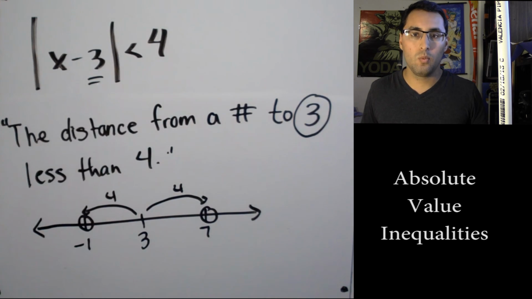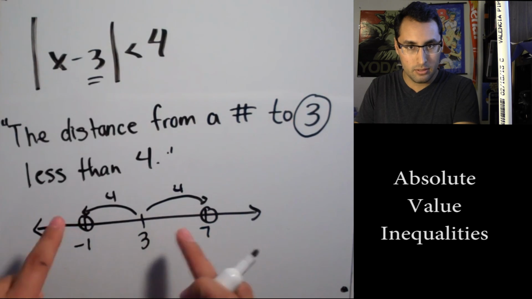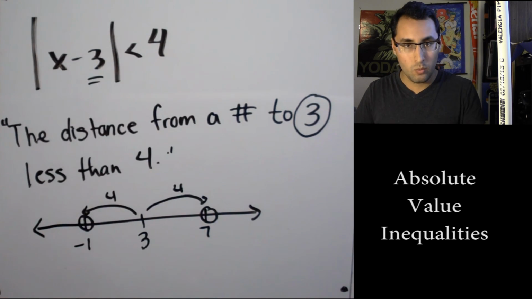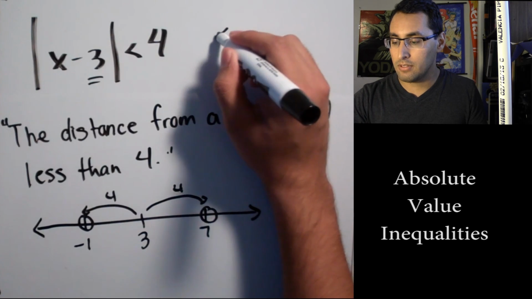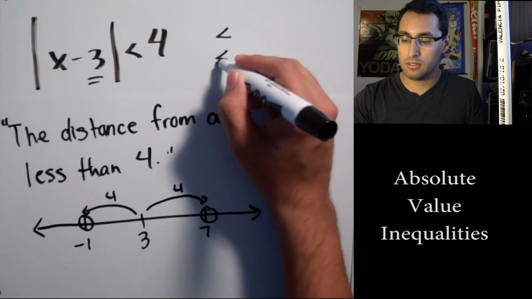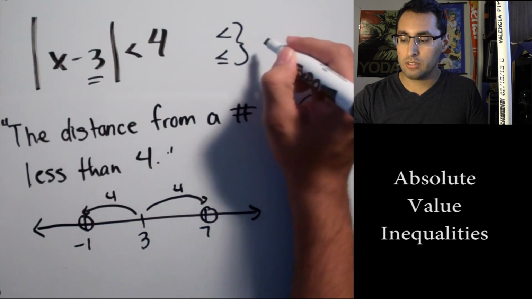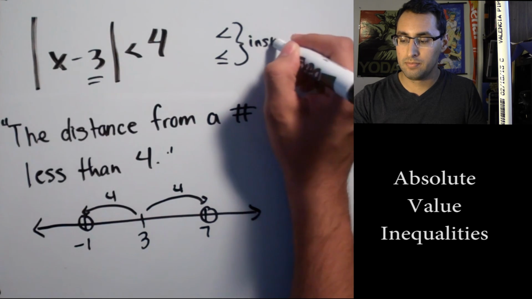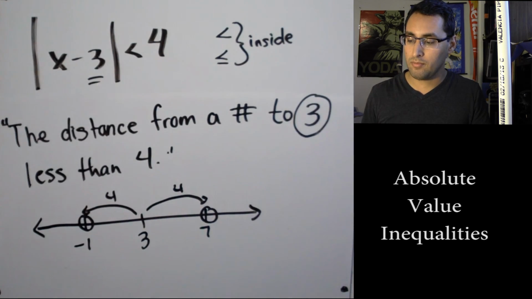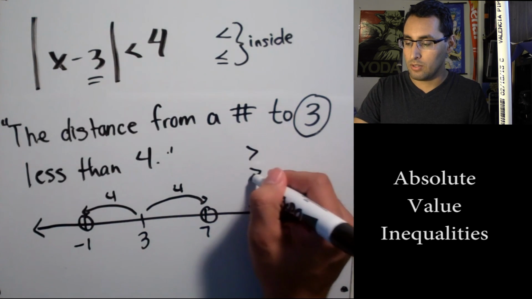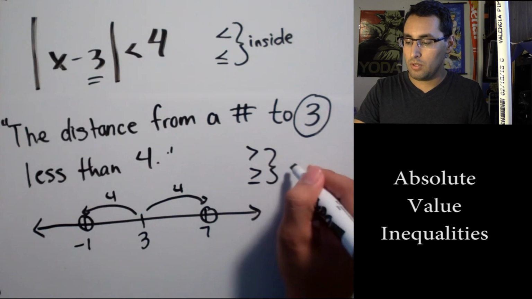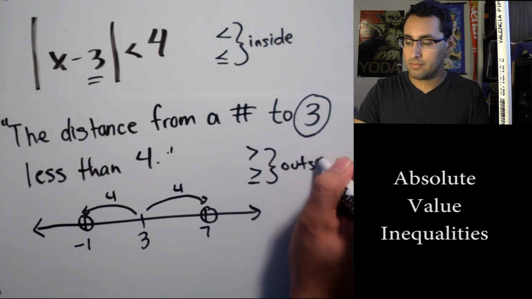With these, I have to know, am I going to shade in between these two circles or outside? The simple rule is this: if it's ever less than or less than or equal to, you're going to shade on the inside. If it's ever greater than or greater than or equal to, that's going to be on the outside.